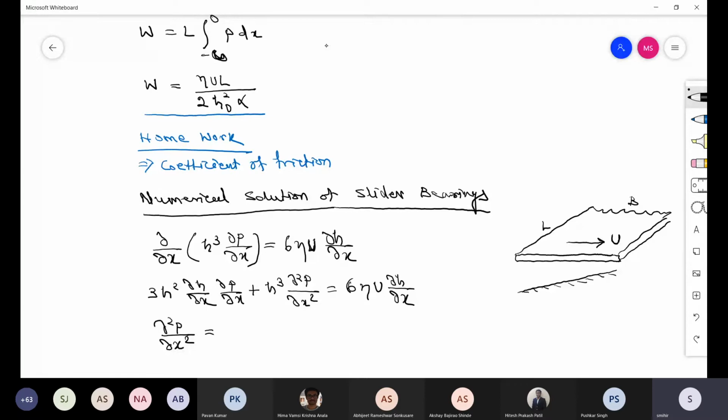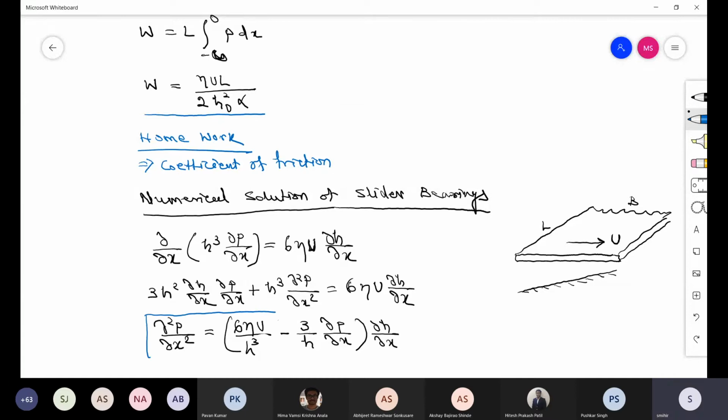So whatever remaining, put on the right side. Okay.